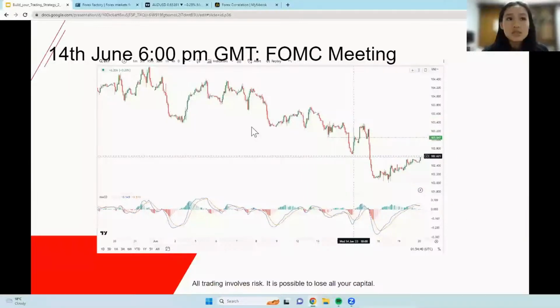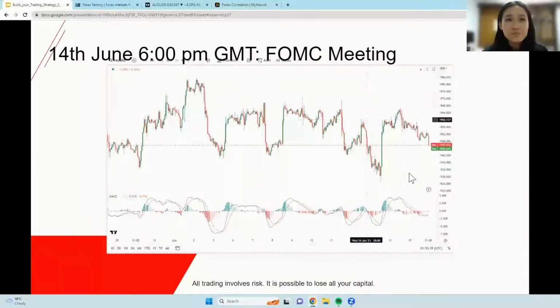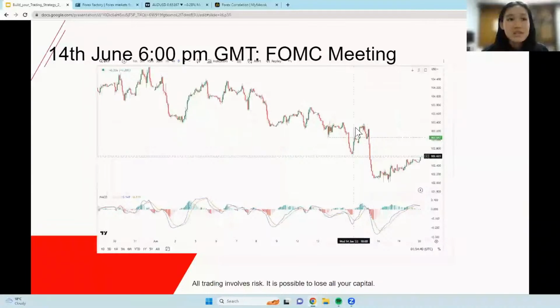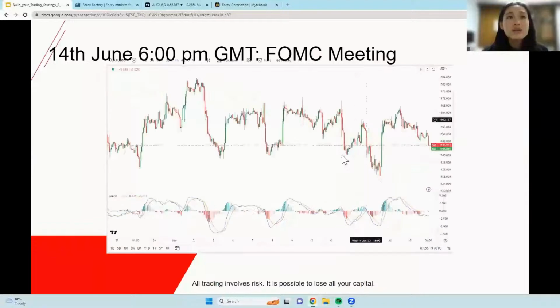So you can see on the 14th of June at 6 p.m., at that time, you can see MACD line and signal line crossing over each other and giving us a bullish signal. You can see price also shot up. Oh, yes, this is the DXY. Because I mentioned earlier that they tend to be negatively correlated, you can expect price to drop down for our gold at the same time.